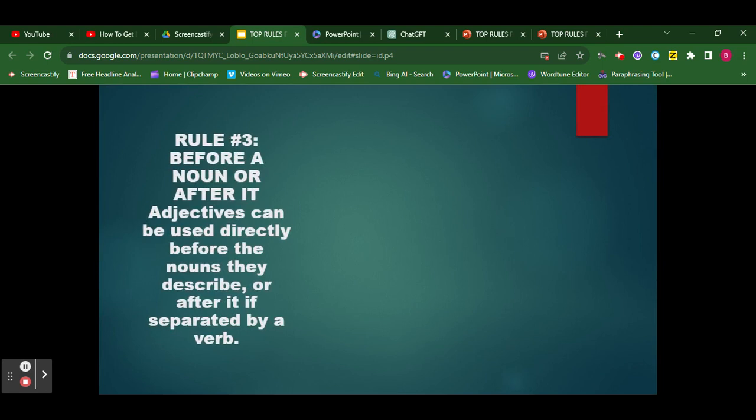Rule number 3, before a noun or after it. Now, this rule states that adjectives can be used directly before the nouns they describe or even after it if it is separated by a verb. Okay, let's look at examples. That tall man is our new English teacher. Now, the adjective here is tall and it comes before the noun man, which it describes.